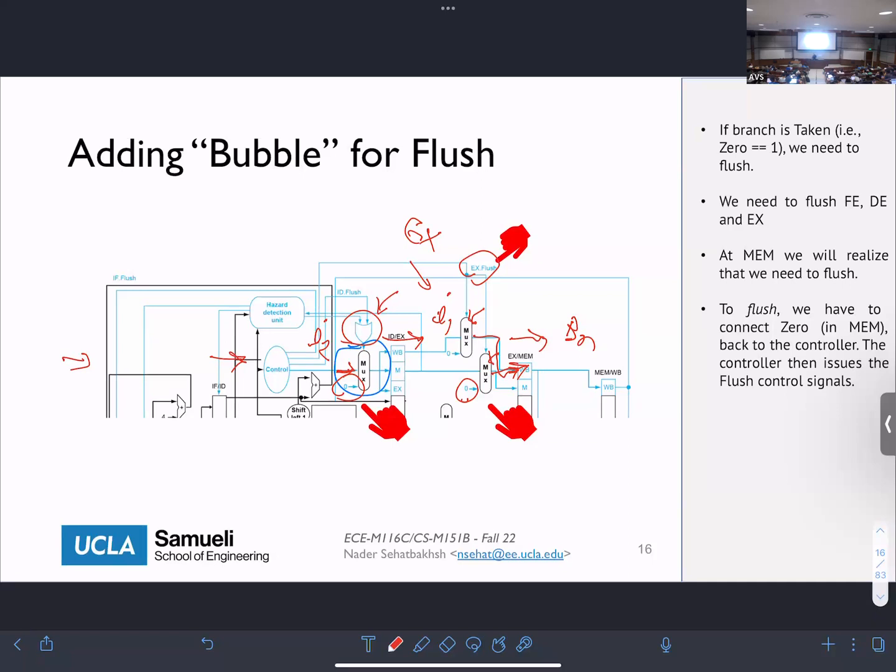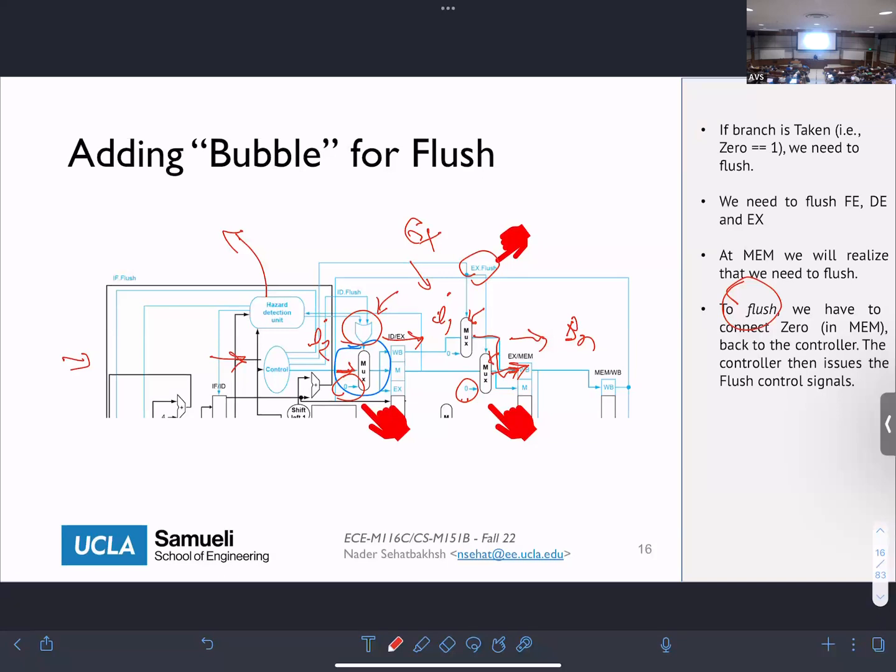Okay. So flushing basically means replacing those instructions with zeros and sending them out. As you can see, similar to the RAW data hazard, our hazard detection unit is responsible for creating these zeros and sending those zeros out.